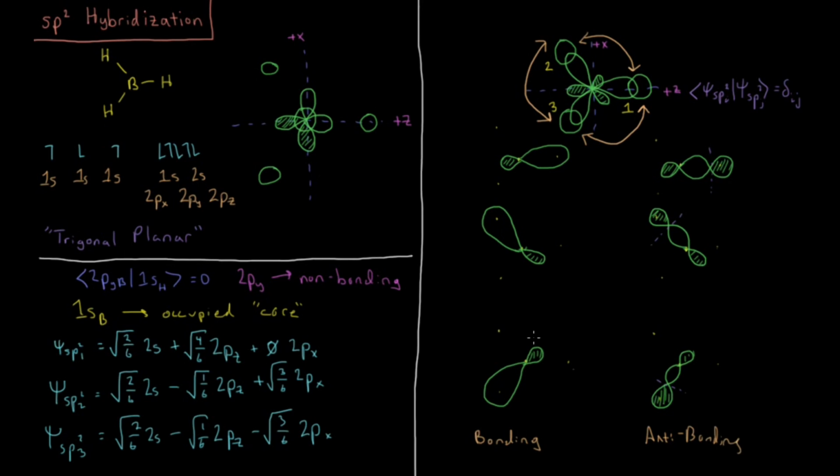And to just mention again what I said over here, our orbitals being sp2 orbitals, as we can see from the coefficients, are going to be 2/6 or 1/3 s, so they're about 33% s, and square root of 4/6 squared is 4/6, which is 2/3, so about 67% p.